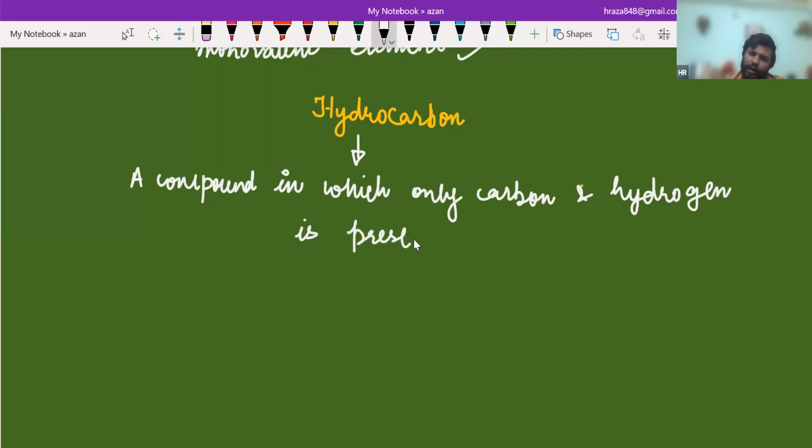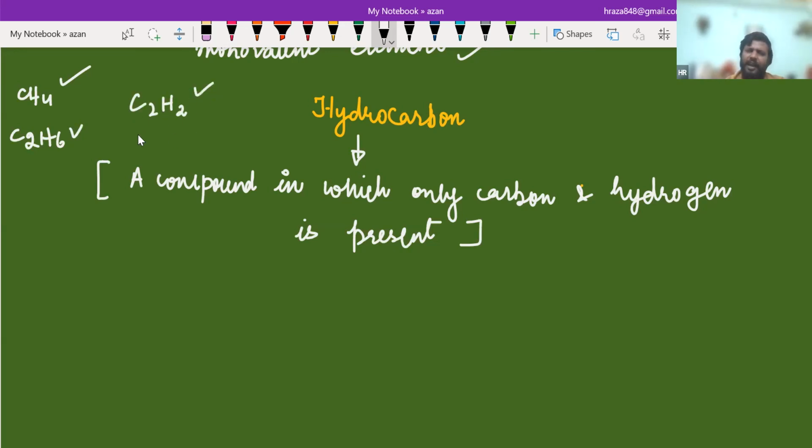That compound is known as a hydrocarbon. Is that clear? Like CH4 is a hydrocarbon, C2H6 is a hydrocarbon, C2H2 is a hydrocarbon, C2H4 is also a hydrocarbon. So a compound in which only hydrogen and carbon exist is called a hydrocarbon. Is that clear?